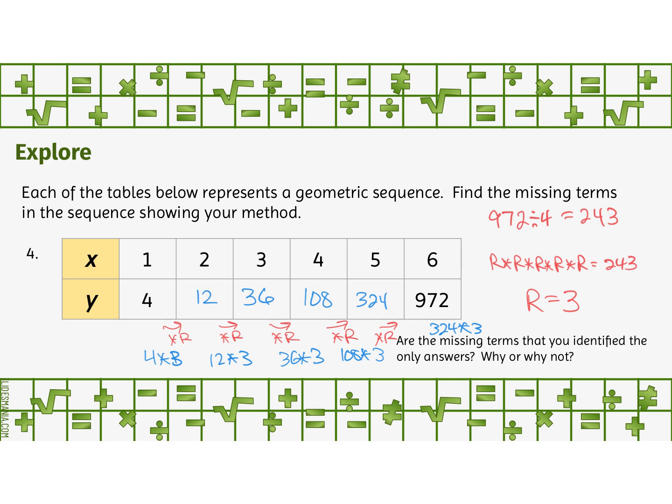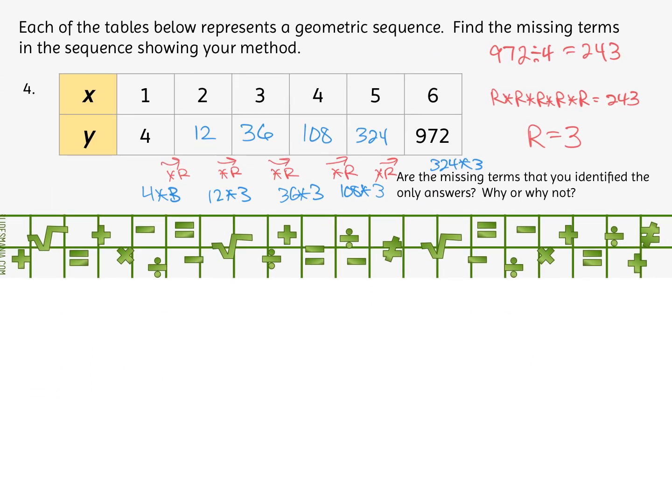Okay, let's try it with the negative 3. 4 times negative 3 is negative 12. Negative 12 times negative 3 is 36. 36 times negative 3 is negative 108.